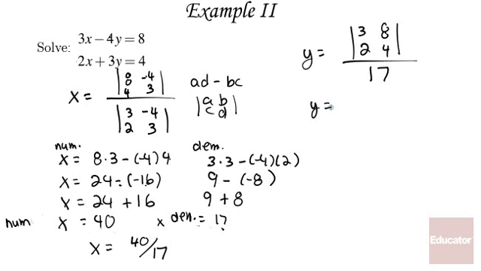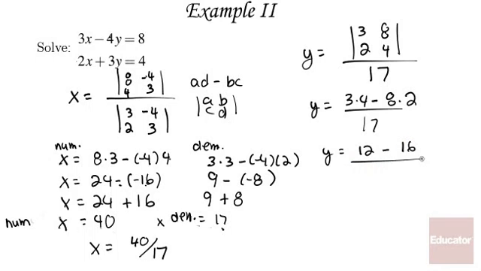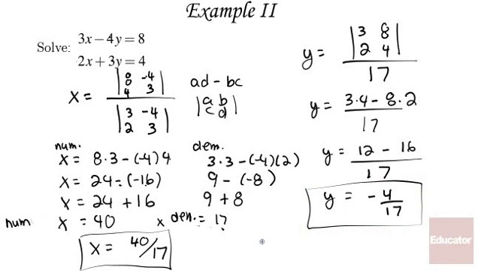Then I find this determinant, which is 3 times 4 minus 8 times 2. This gives me 12 minus 16 over 17, and 12 minus 16 is negative 4 over 17. So here I have x is 40 over 17, y is negative 4 over 17, using Cramer's rule.